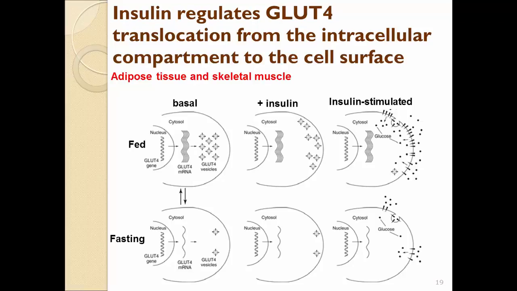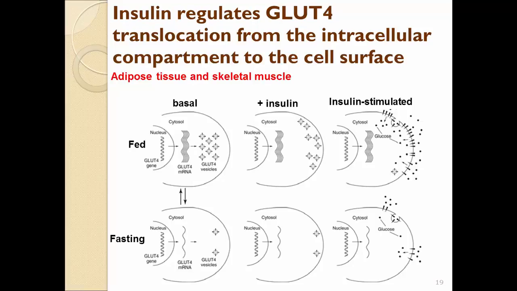Under the non-stimulated condition or under low insulin levels, for example, under fasting condition, right? Insulin level is quite low, and the majority of GLUT4 actually resides inside the cells, not on the cell surface. So it's not ready for transporting glucose yet.